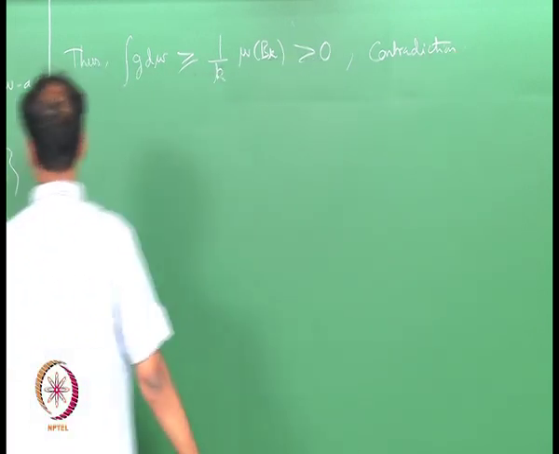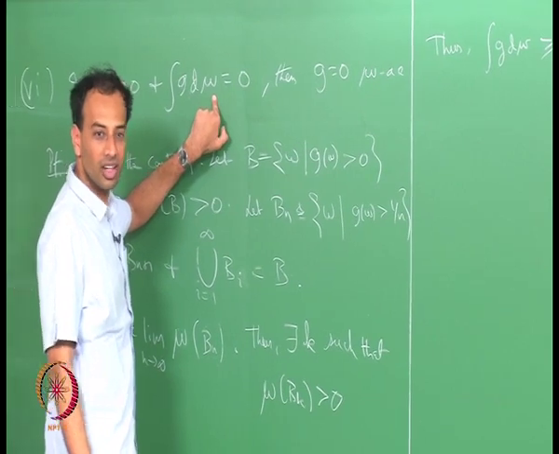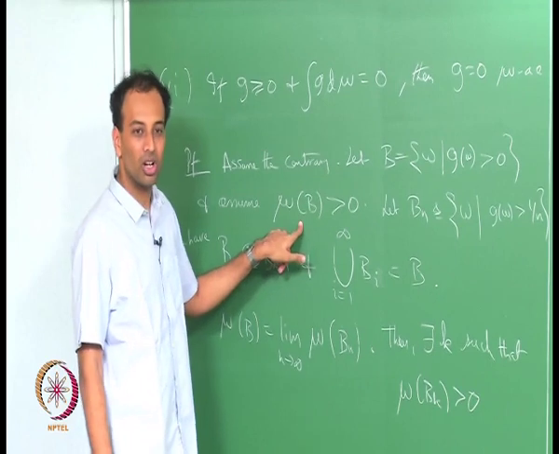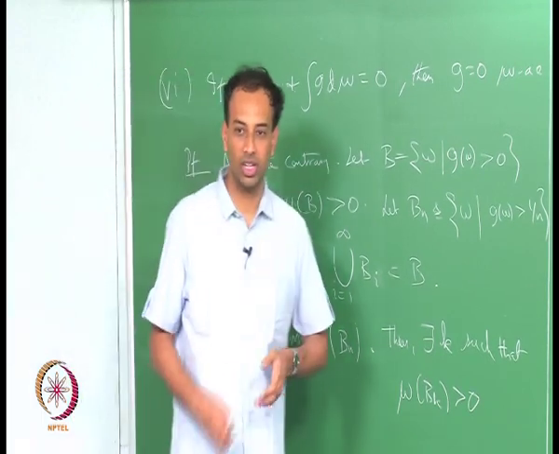Why is it a contradiction? It violates this, right. So, this assumption must be wrong. So, mu b equal to 0, okay.